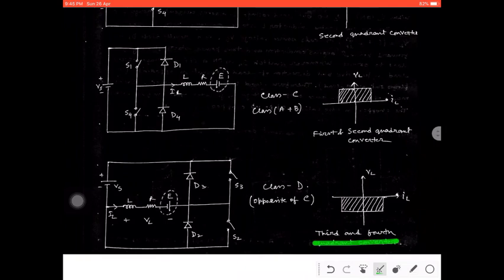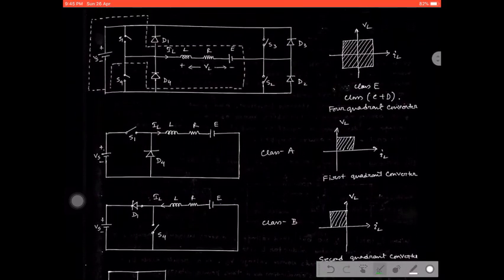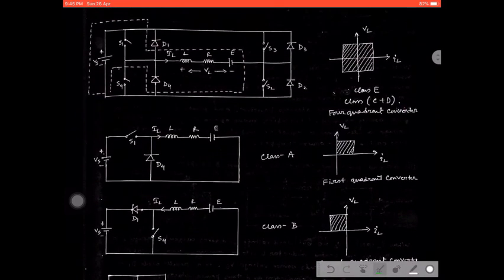And finally, adding Class C and Class D will give you the Class E chopper, which has to cover the total quadrant, first, second, third, and fourth. Right? If we can understand the schematic diagram of the Class E chopper, then we can draw the other schematic diagrams.